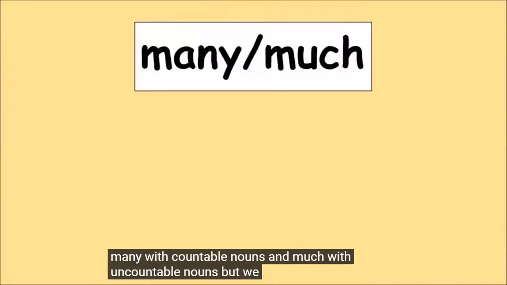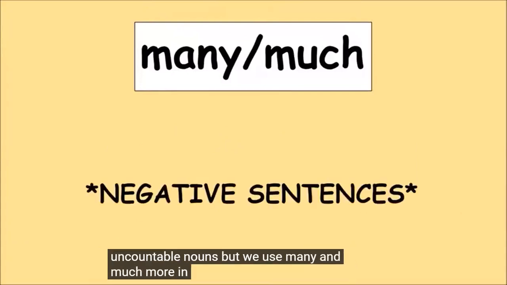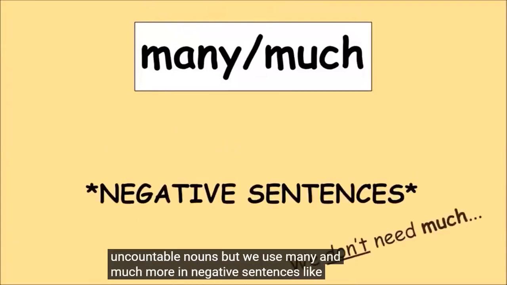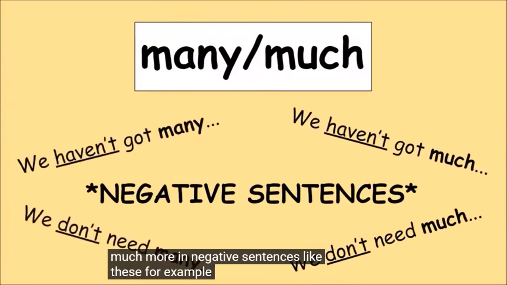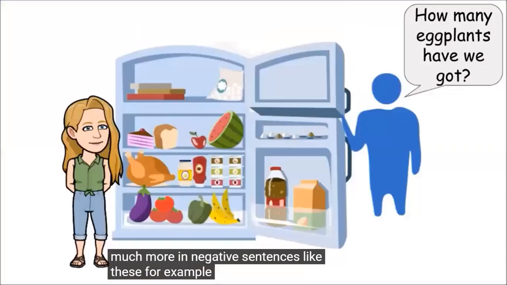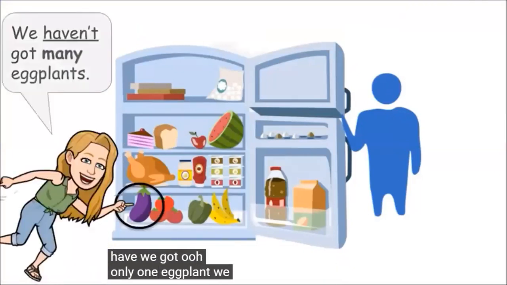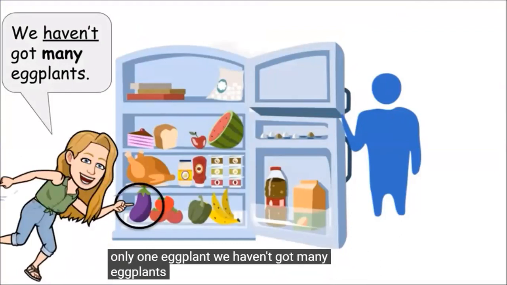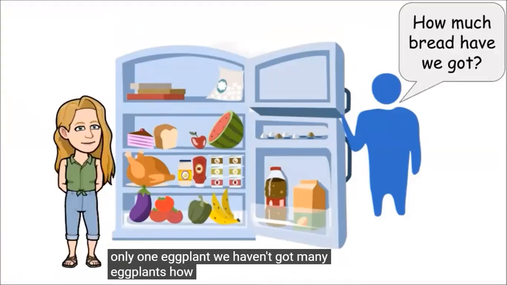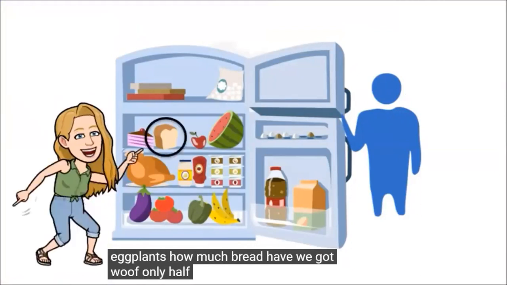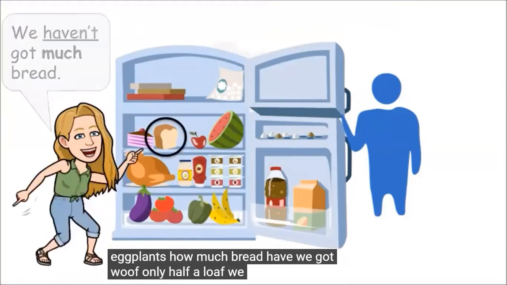But we use many and much more in negative sentences, like these. For example, how many eggplants have we got? Oof, only one eggplant. We haven't got many eggplants. How much bread have we got? Oof, only half a loaf. We haven't got much bread.